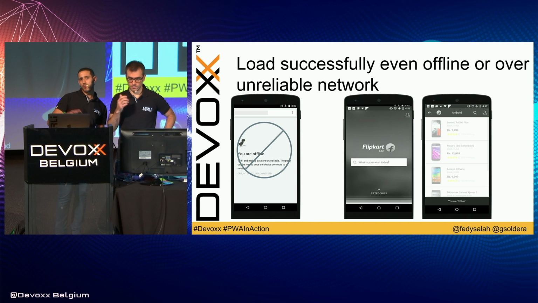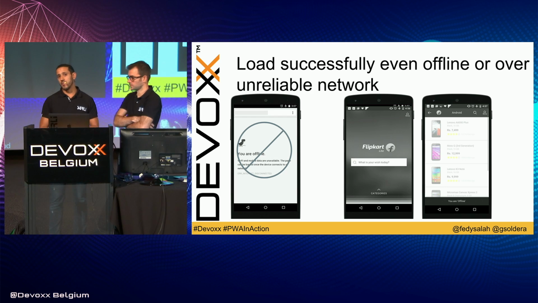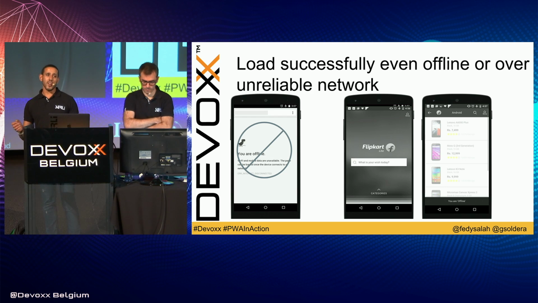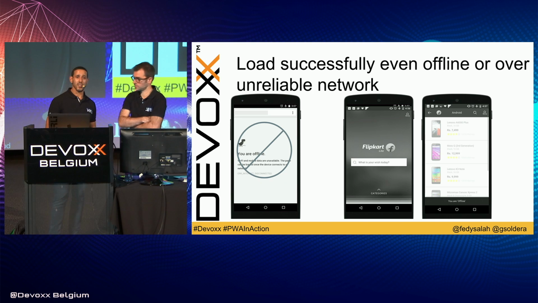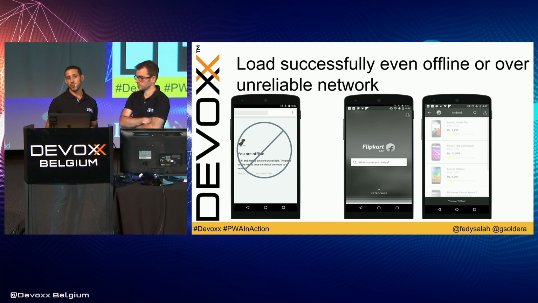So if a progressive web app worked smoothly on every device and every browser, we could say that we don't need to code native apps anymore. We would do only a progressive web app now.